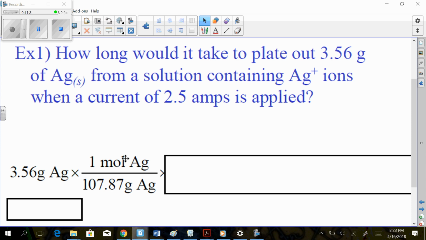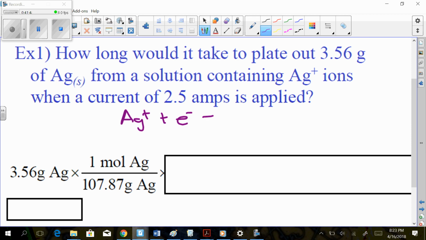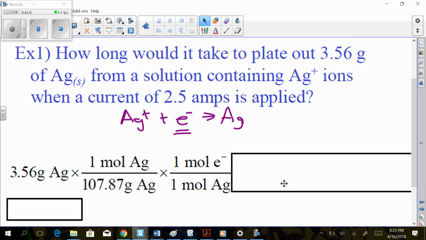Now in that reaction, if you have silver ions in the solution and you are introducing it to a power source to plate it to become silver metal, you are transferring 1 mole of electrons for every mole of the silver metal you plate. So for every 1 mole of silver, you transfer 1 mole of electrons.